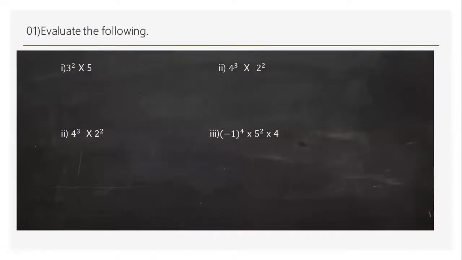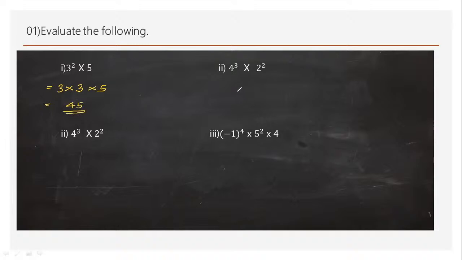First question, evaluate the following. This is from the indices topic. First one, 3 to the power 2 into 5. 3 two times: 3 times 3 is 9. 9 times 5, 45.